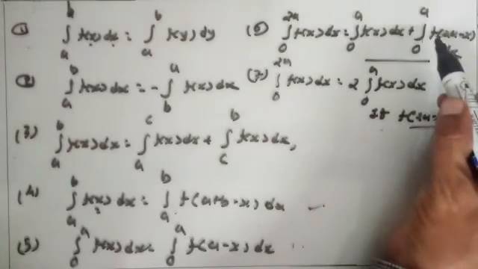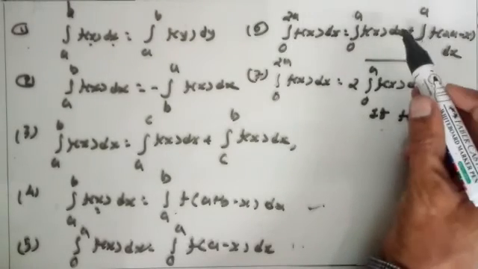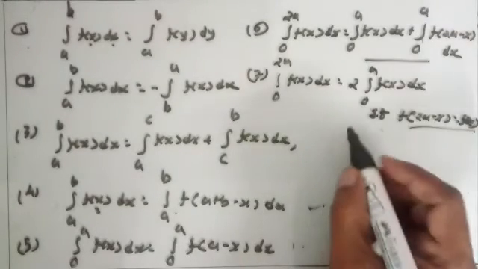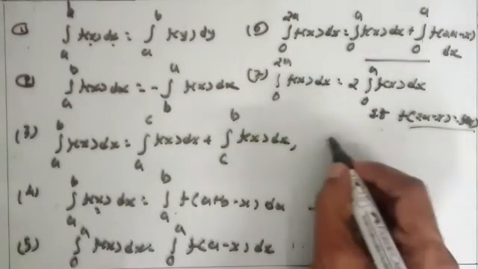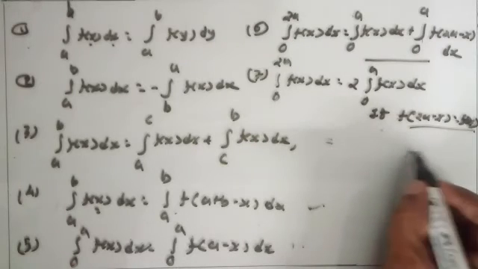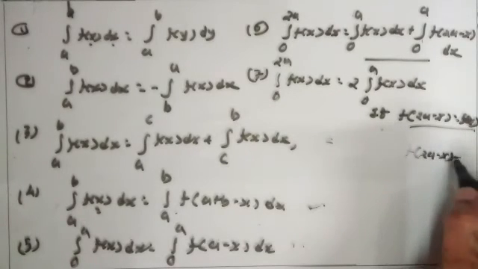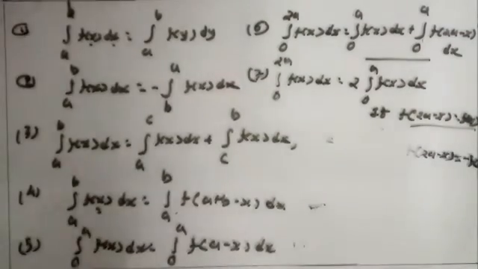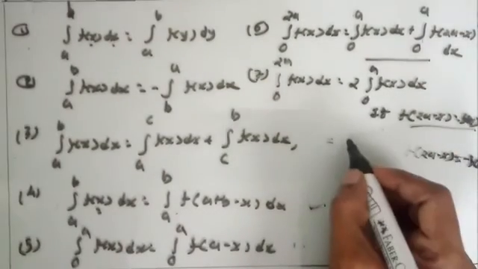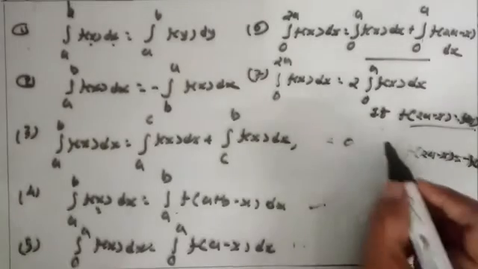And if f(2a minus x) is equal to minus f(x), then this becomes 0. Clear?